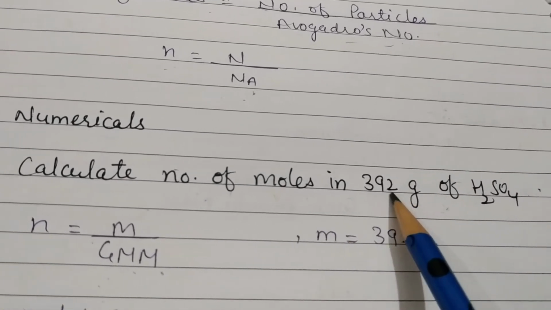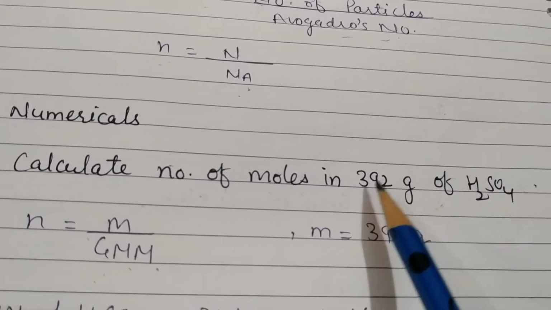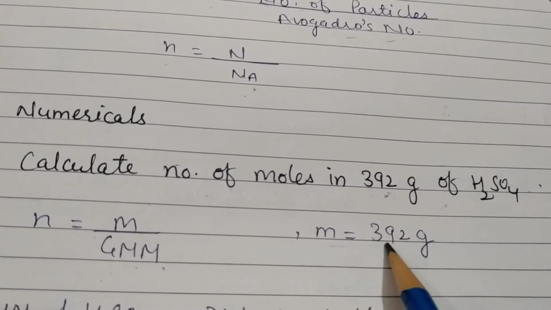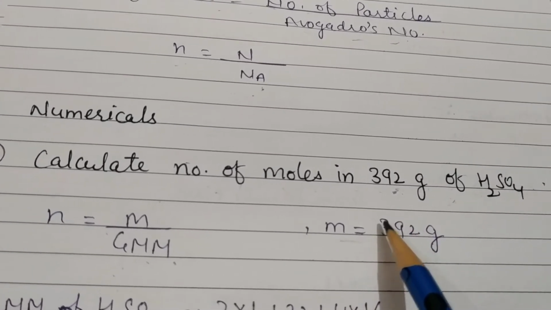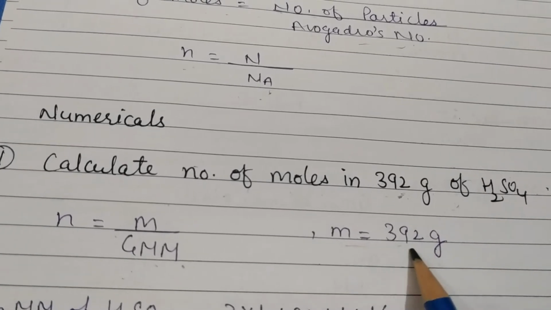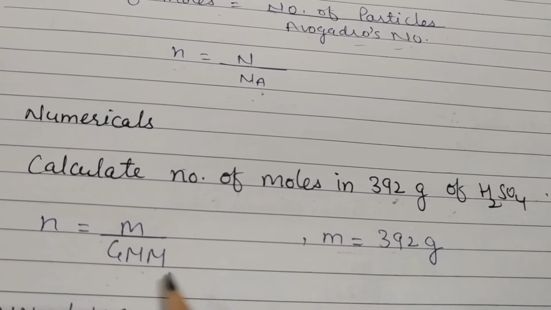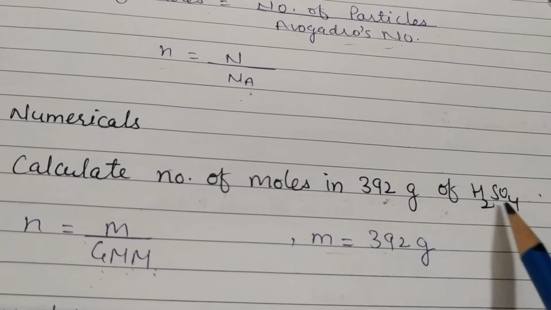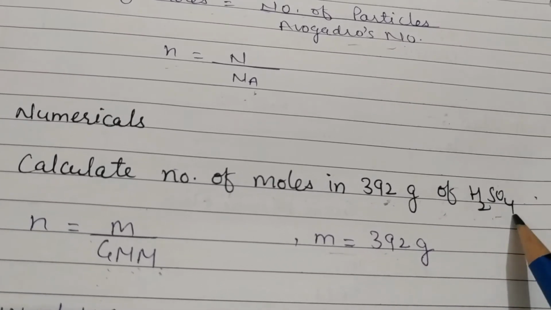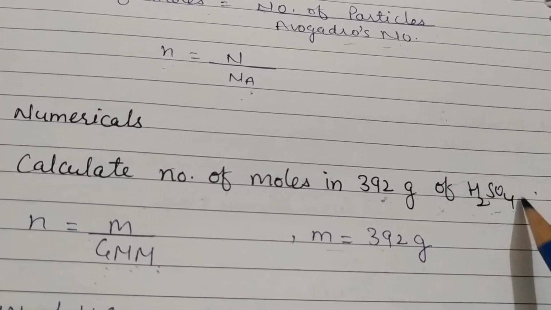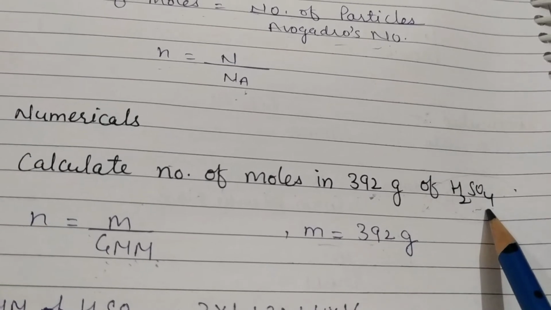The mass is given to us, that is 392 gram. Before applying the formula, we need the gram molecular mass of the molecule H2SO4.